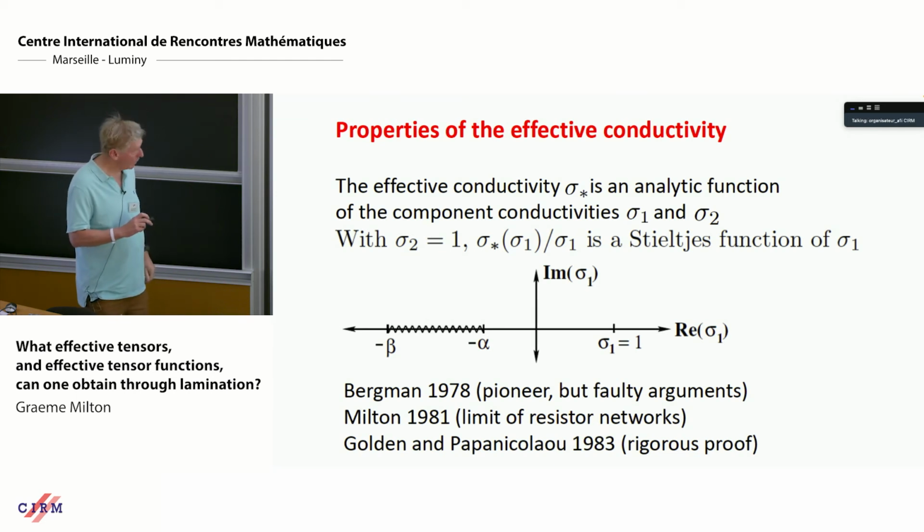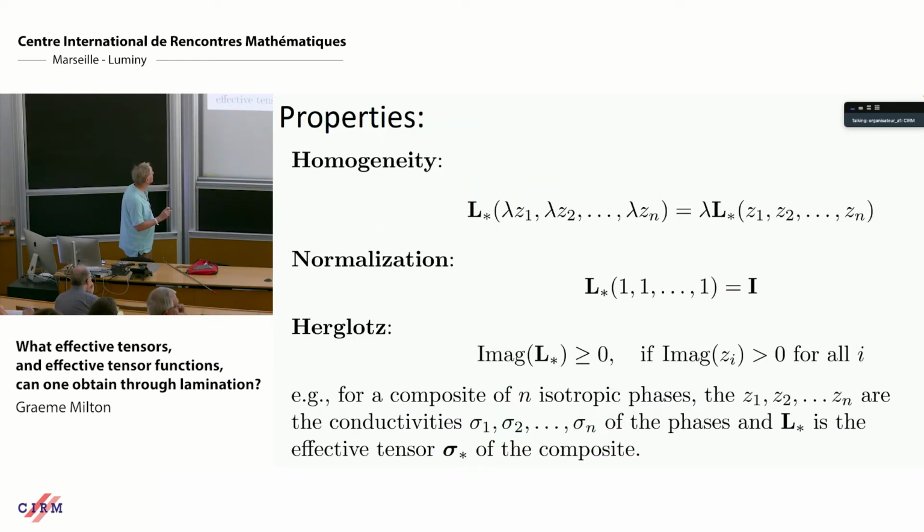And so myself and David Bergman and Papanicolaou, and Ken Golden is here, were involved in developing that correspondence between and analyticity of the effective conductivity as a function of the component conductivities.